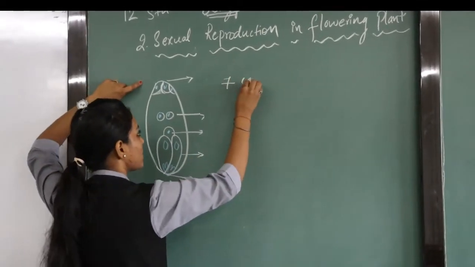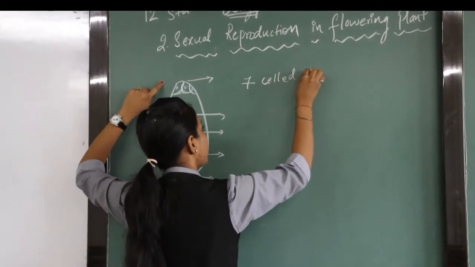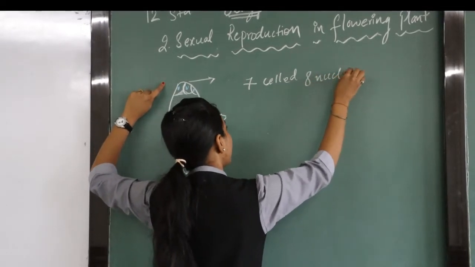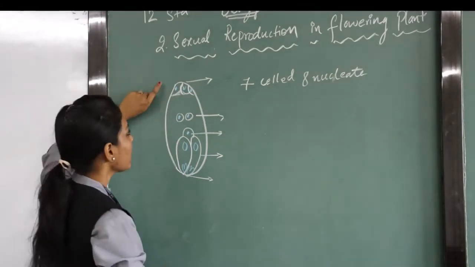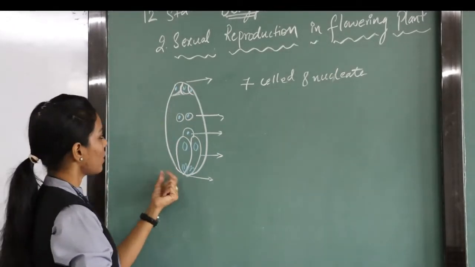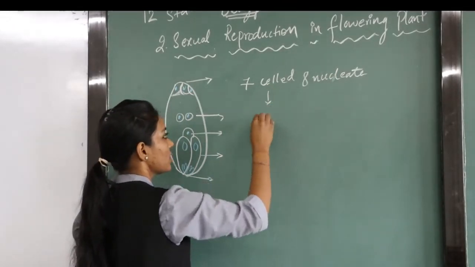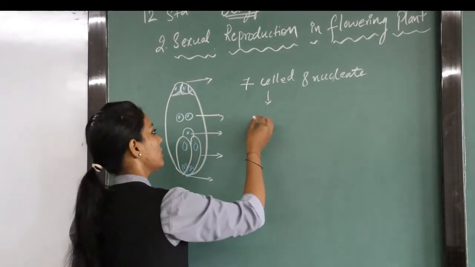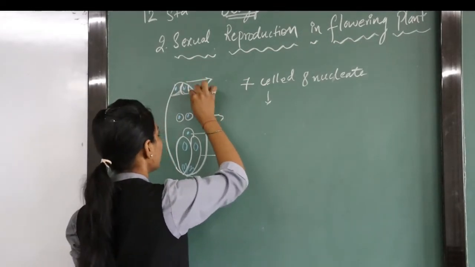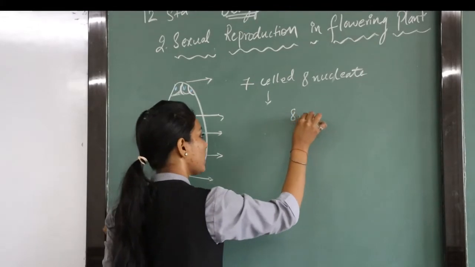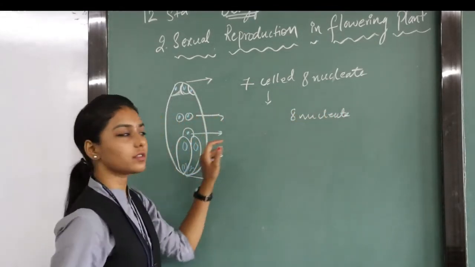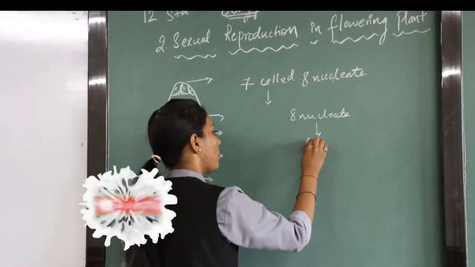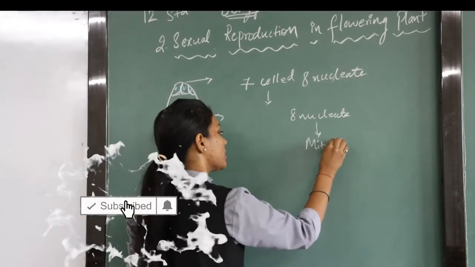We have seen the 7-celled and 8-nucleated formation in the embryo sac. Now, how is the 7-celled condition formed? The 8-nucleated formation takes place with the help of mitotic division.